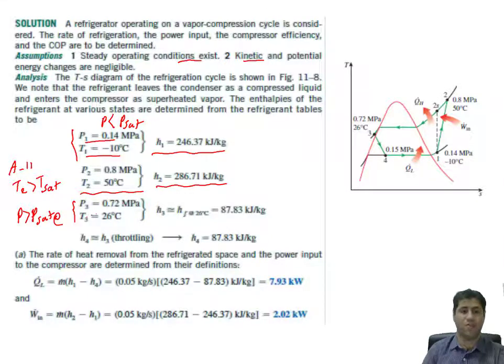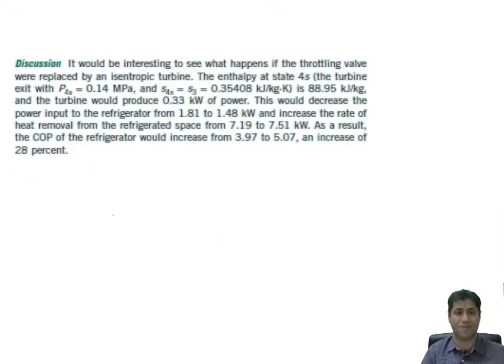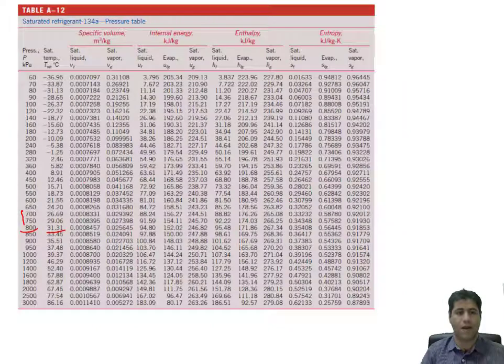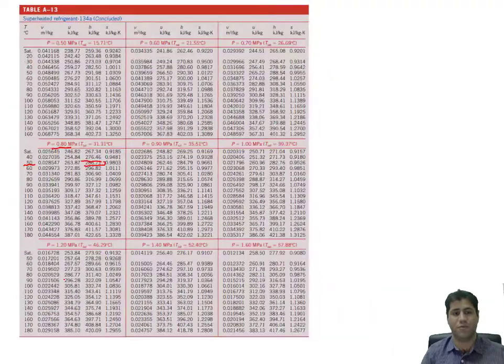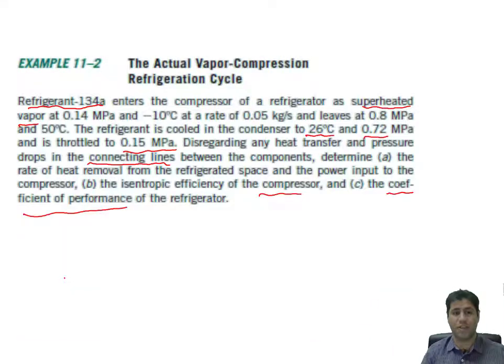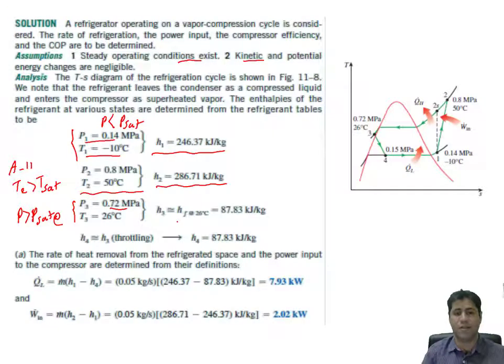But also, if you notice, the pressure which we have here is 720 kilopascal and the saturated pressure is 685, so only about 40 kilopascal is the difference between them. So as an approximation we can use Hf, the saturated liquid enthalpy, for state 3.